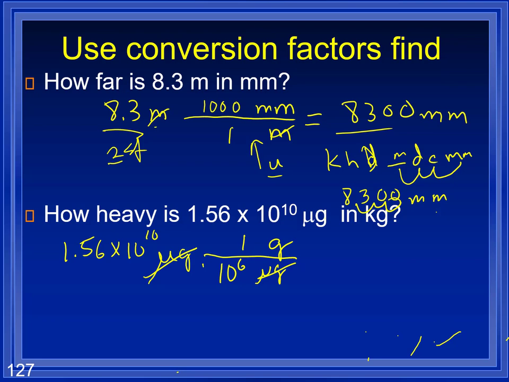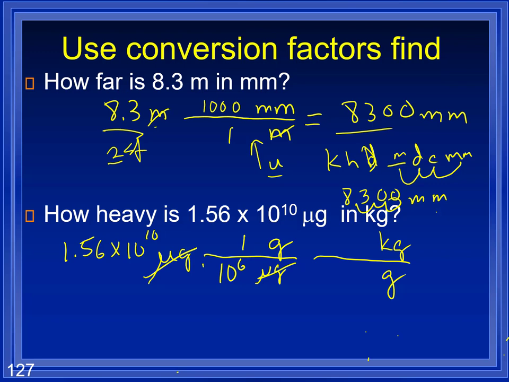But it's not the unit I want. So I set up another conversion factor. What unit do I want to get rid of? Well, now I want to get rid of grams. Where's it got to go? On the bottom. What can I turn grams into? Well, I can turn grams into kilograms because this doesn't have a prefix. I can add that prefix.